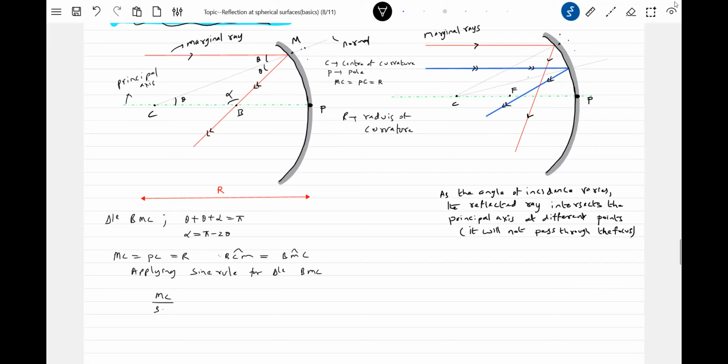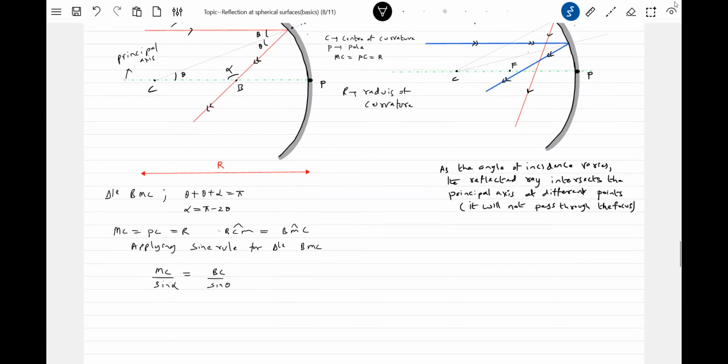Distance MC by sine alpha should be equal to distance BC by sine theta. Now what is MC? MC should be equal to R. So R by sine of pi minus 2 theta should be equal to BC by sine theta.